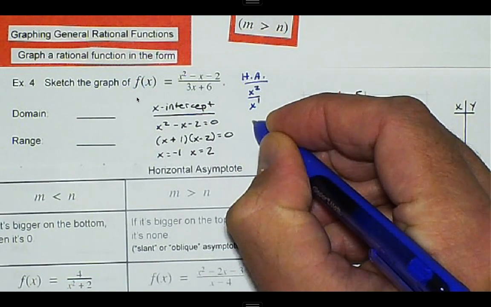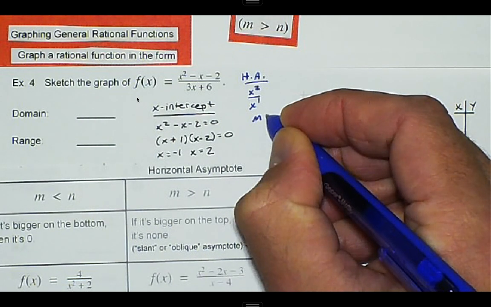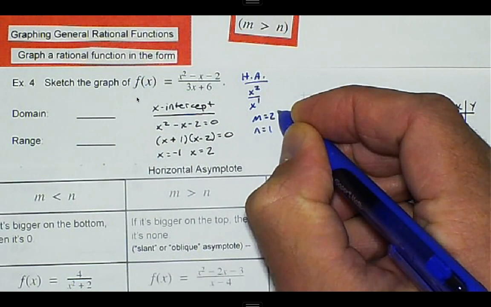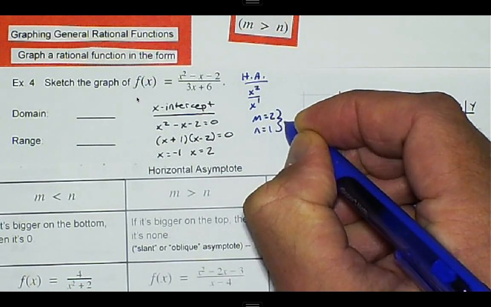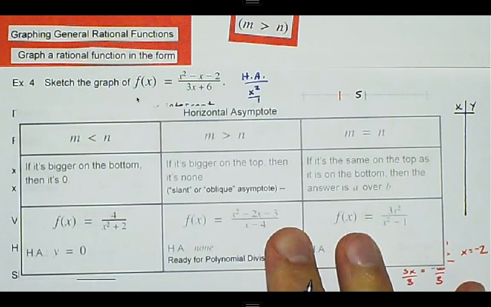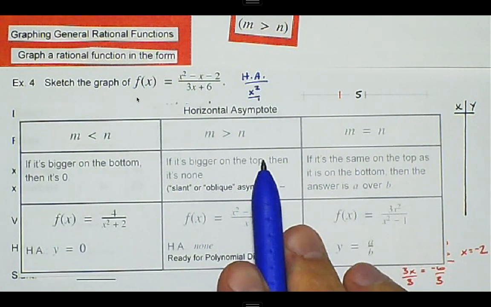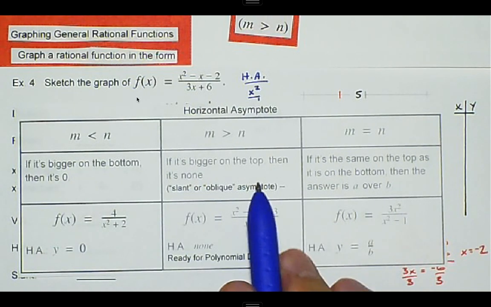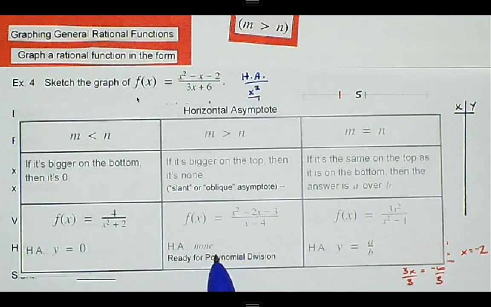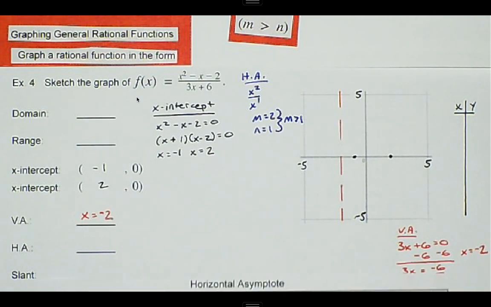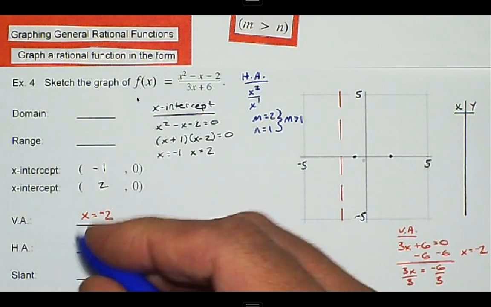So then we have m is equal to 2 and n is equal to 1. So m is greater than n. So if m is greater than n, there's no horizontal asymptote, but there is a slant or oblique asymptote. So our horizontal asymptote will be none.